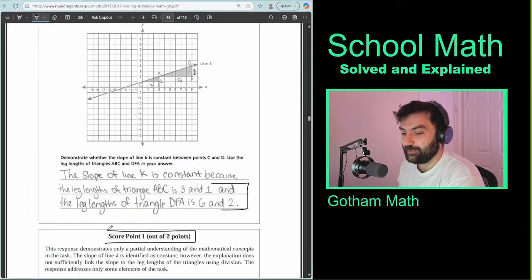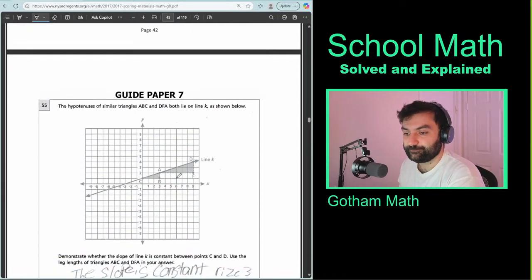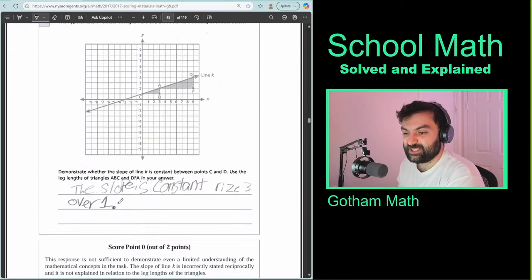You should say thank you for 1 point, because this is clearly very far from the right answer. The slope is constant, rise 3 over 1. I mean, that's not that.